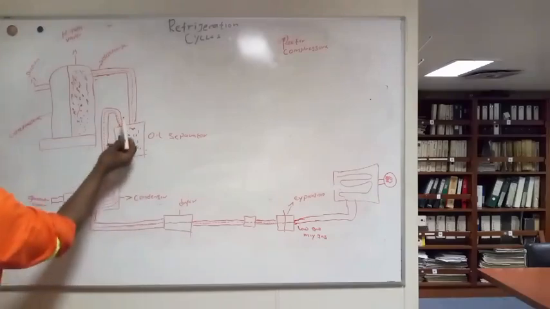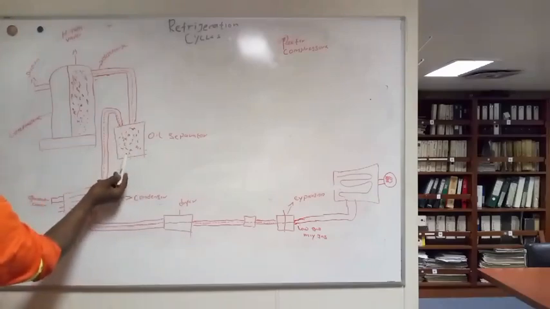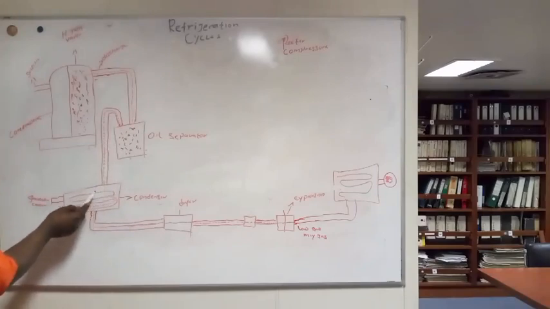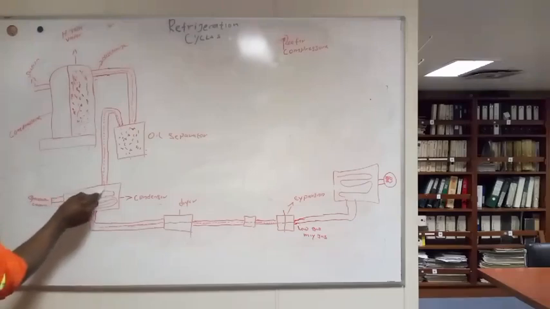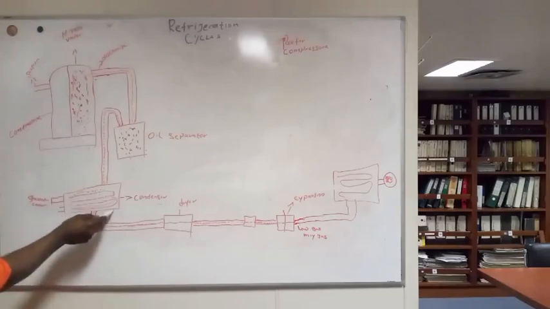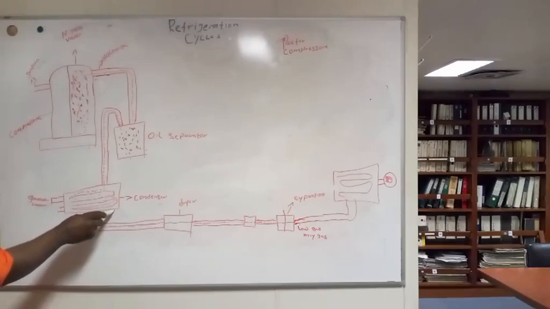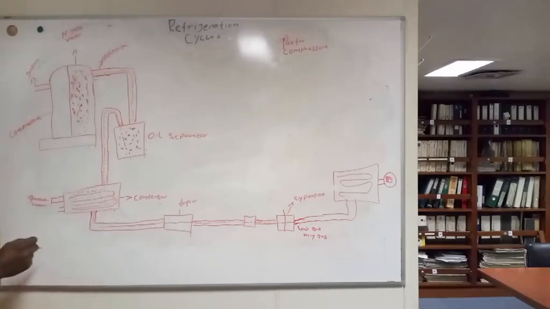When the high temperature gas moves out from this oil separator, it moves down to the condenser. The function of this condenser is to cool down the high temperature gas into low temperature liquid gas.